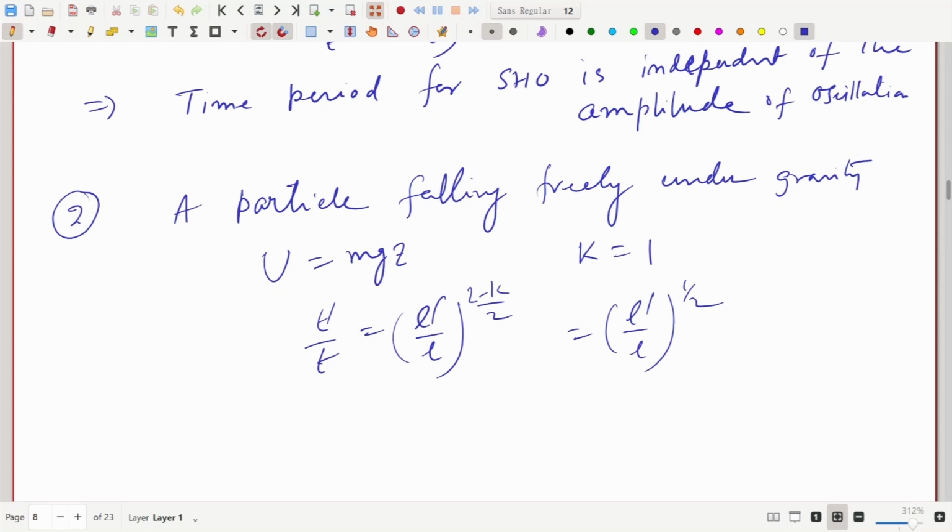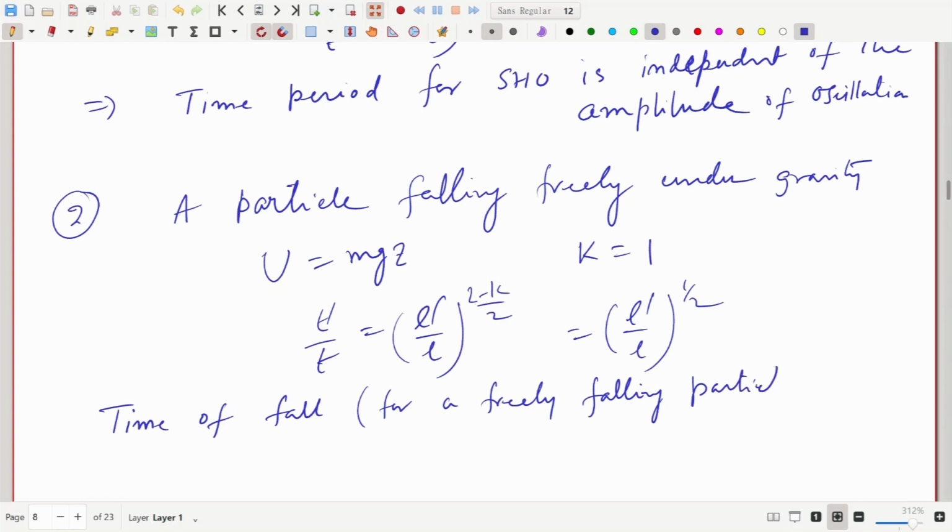So, this says the time of fall for a freely falling particle is proportional to the square root of the initial altitude.